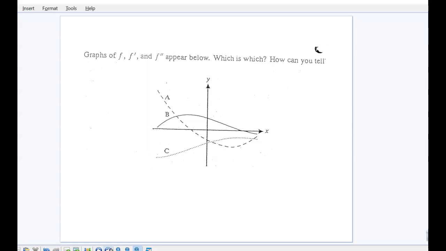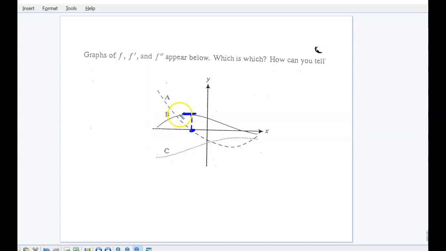Okay, if we take a look, sometimes we have to do some deductive reasoning. If we take a look at these three graphs, I have a hill on graph B right there, and it appears that right here I have an x-intercept on graph A. And this is a hill, so the derivative should be going from above the x-axis to below, and that appears to be the case.